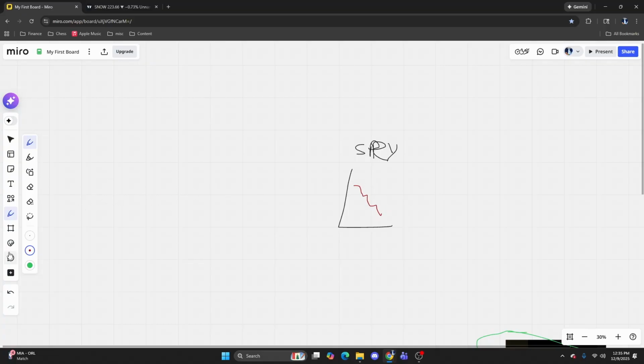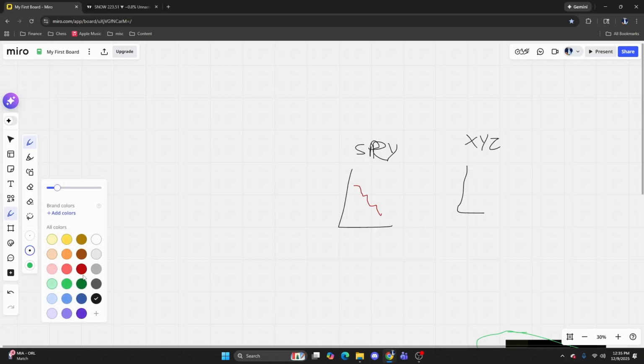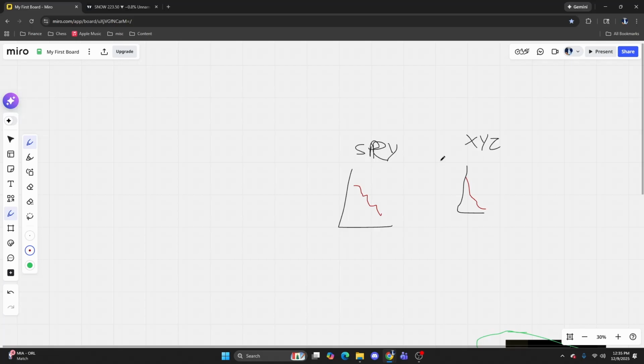And let's say ticker symbol XYZ is also going down, but it's more clean, meaning it has relative weakness, and it gives this stock a more high probability setup than SPY. Okay, so what we're going to look at on this stock is for it to break the previous day low or pre-market low, right?